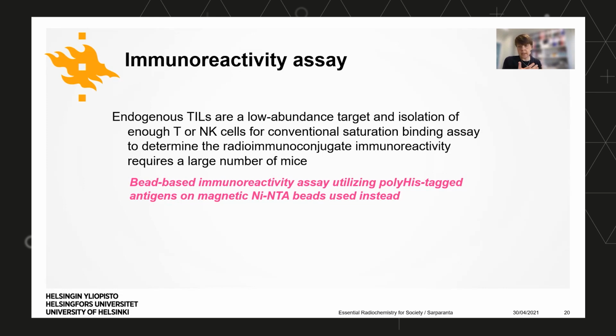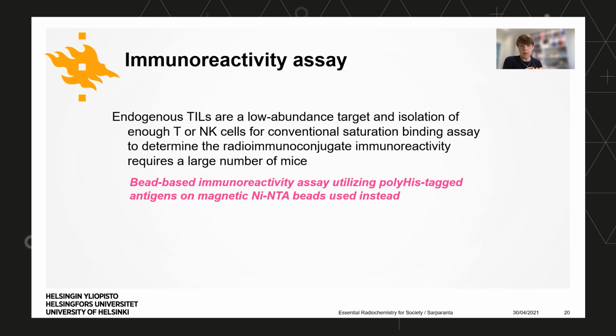One of the problems in this type of research is that the endogenous tumor-infiltrating lymphocytes and NK cells are an extremely low abundance target, and isolation of enough of these cells for conventional saturation binding assays or Lindmo assays to determine the radioimmunoconjugate immunoreactivity would require a really large number of mice, or the use of a transgenic cell model artificially expressing the antigen.